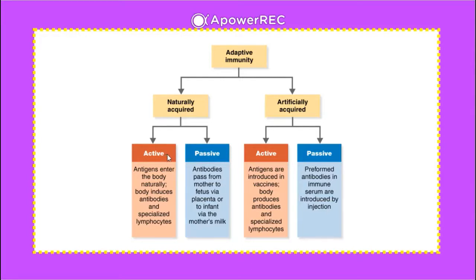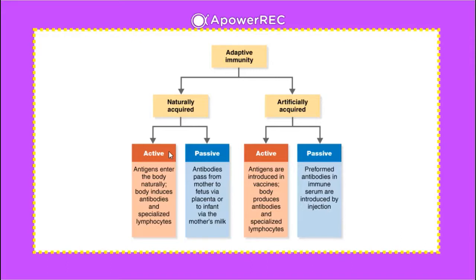Active is when you gain the ability to produce these antibodies and specialized lymphocytes yourself, so that you're capable of having long-term immunity. But passive immunity occurs when you receive those antibodies from your mother via the placenta or via milk.